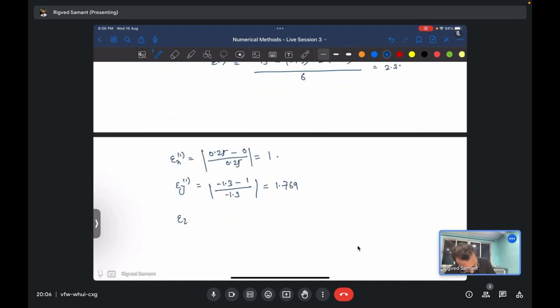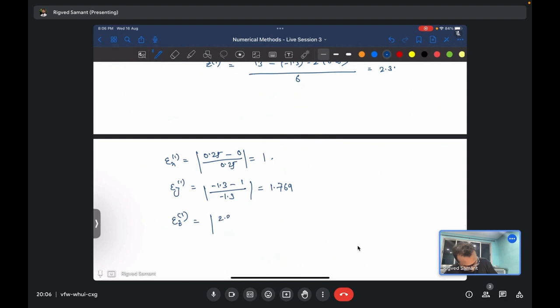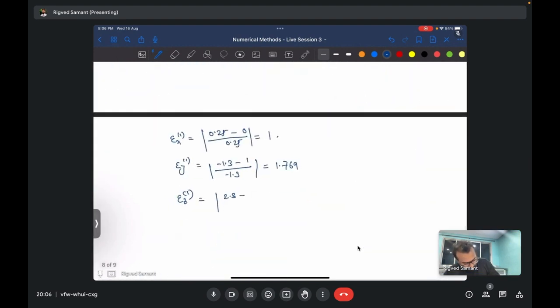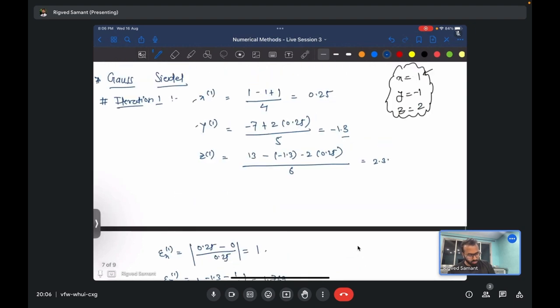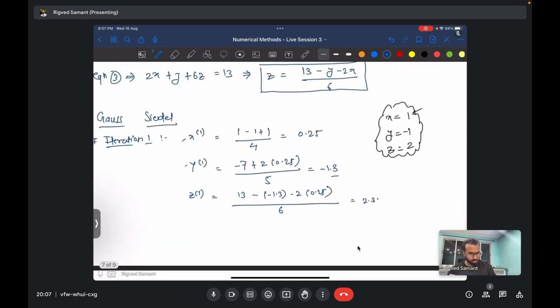Epsilon z1 is equal to, what is the current value? 2.3 minus what was the previous? Sir, are you calculating absolute error or relative error? Relative error, epsilon. Okay. In both cases you will have to take the mod only. With relative error you divide by the current value, but for absolute error you do not divide.